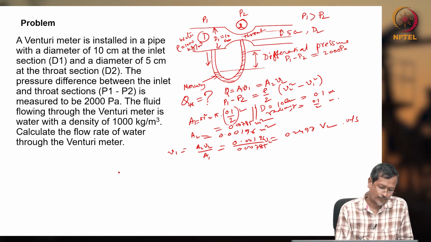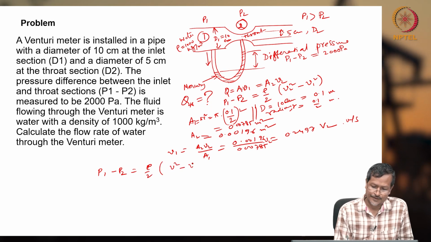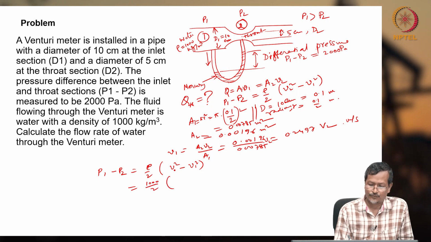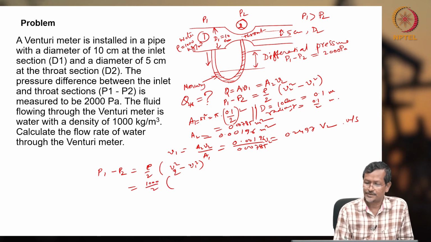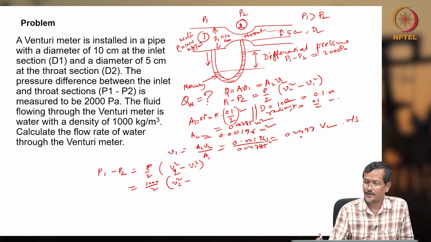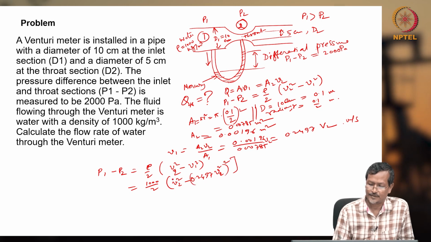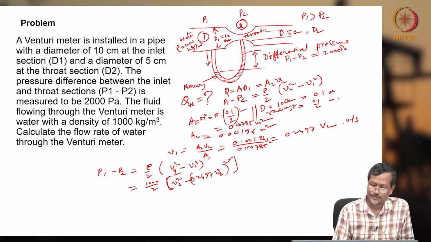Okay, now P1 minus P2 equals rho by 2 (V2 square minus V1 square), which implies 1000 divided by 2. V2 as it is I am keeping, minus V1 I already got 0.2497 V2, and this will be squared, sorry, everything squared.